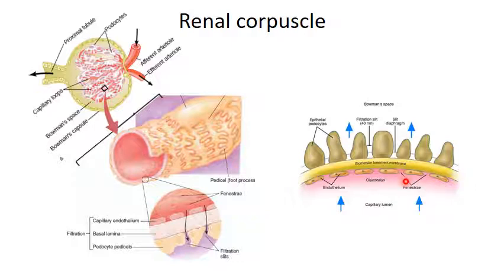These fenestrations are 90 nanometer in diameter. Then there is a basement membrane, which is composed of loose connective tissue, and then there are foot processes of the podocytes. Gaps between the foot processes are the region through which glomerular filtrate will pass. These gaps are called filtration slits and their diameter is 40 nanometer.